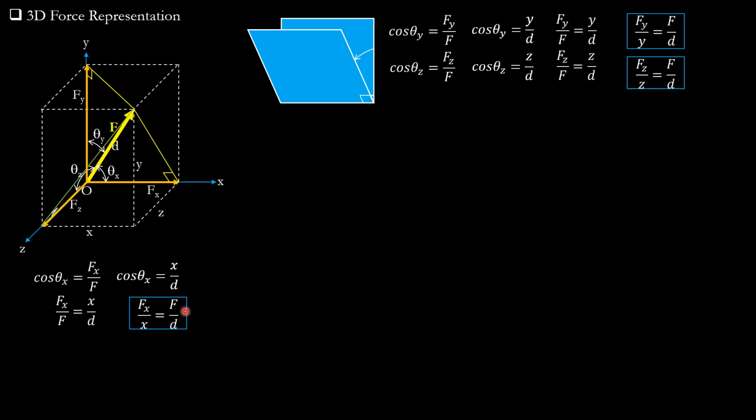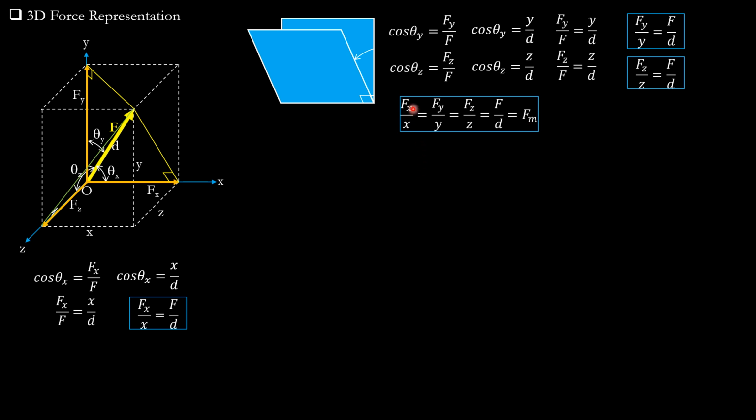Since F over d is a constant ratio, we write this as a continued equation: Fx over x equals Fy over y equals the z component of force over the z component of distance equals F over d. The ratio F over d is constant, and it is called the force multiplier.